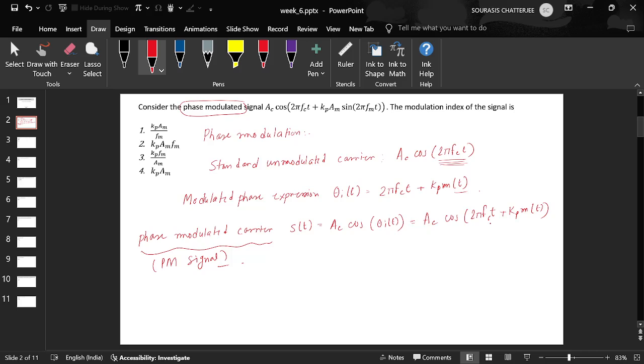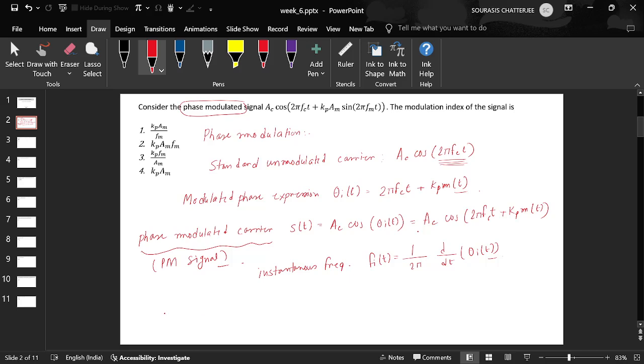Now one good thing to point out here: when we talk about this phase, what is the instantaneous frequency going to be? Let us write about that. The instantaneous frequency of the phase modulated signal, f_i(t), you have to differentiate the phase, right?